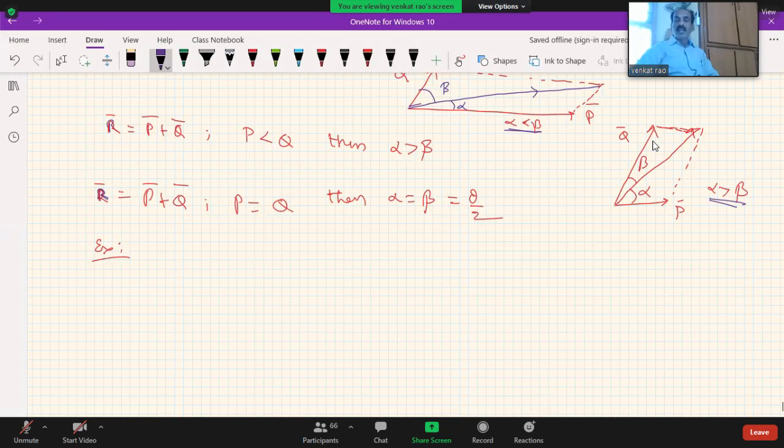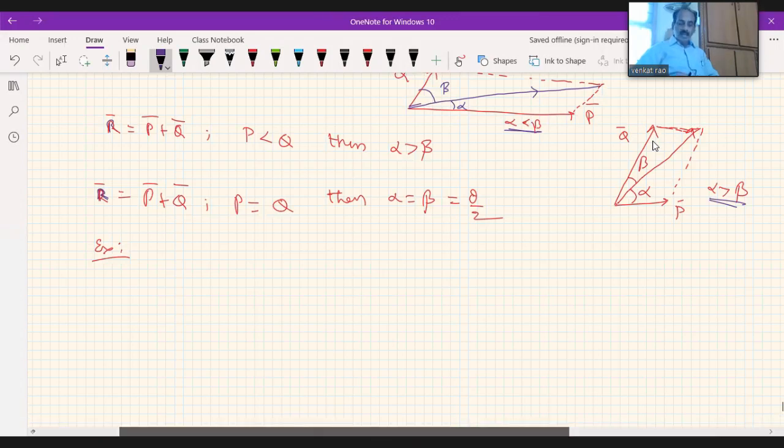If they are acting perpendicular to each other at a point, then the resultant will be?